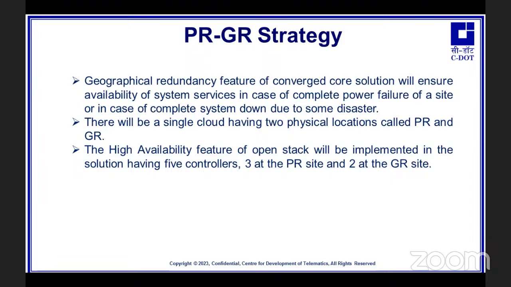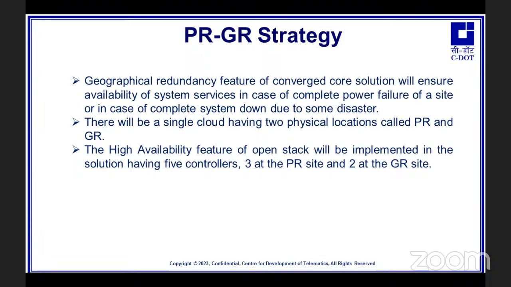Basically, what we are talking about is the geographical redundancy feature of the converged core solution, which will ensure the availability of the network throughout. Whenever PR goes down, in case of power failure or some disaster like an earthquake or flood, the GR will be brought up as a live network.